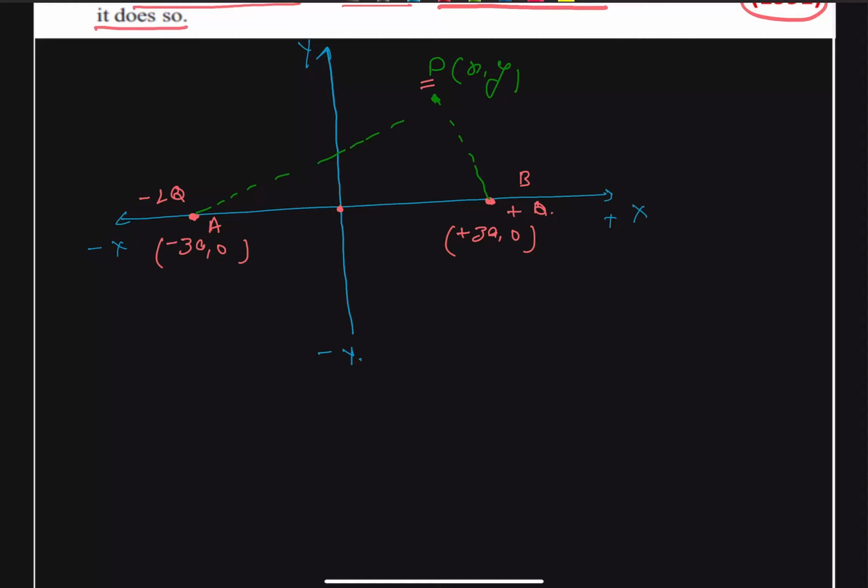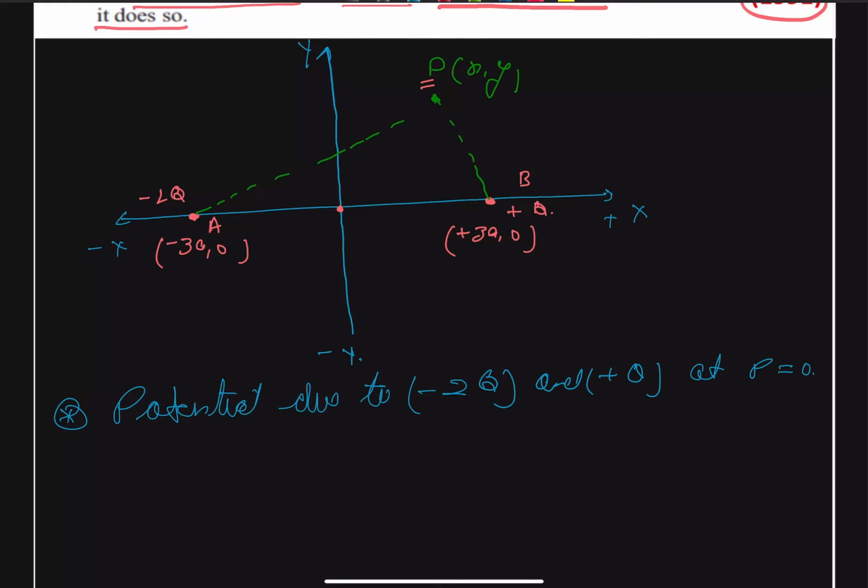So we say that the potential due to minus 2q and plus q at P is equal to 0.